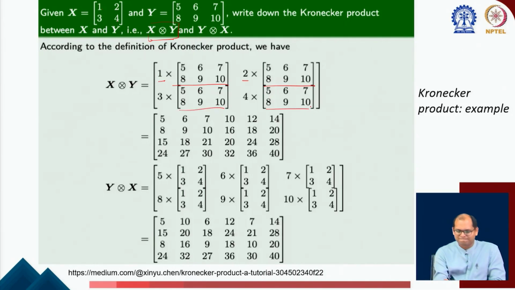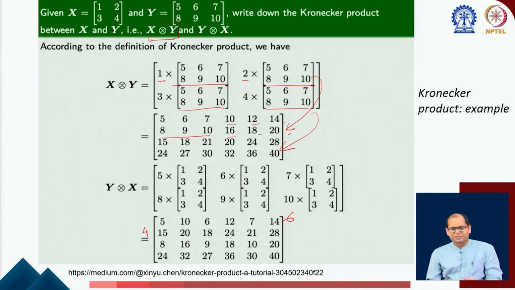So what will you get? 5, 6, 7, 8, 9, 10; 2 multiplied with that gives 10, 12, 14, 16, 18, 20; 3 multiplied by that, and 4 multiplied by that. You get dimensions 2 cross 2 by 2 cross 3, so 4 and 6. You also can do Y cross X, the dimension will be the same, but the result will be different. These two are not the same. This is an example of a Kronecker product.